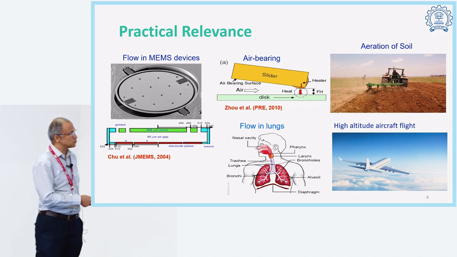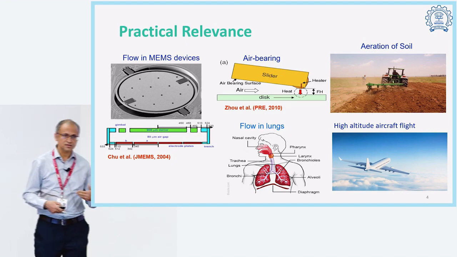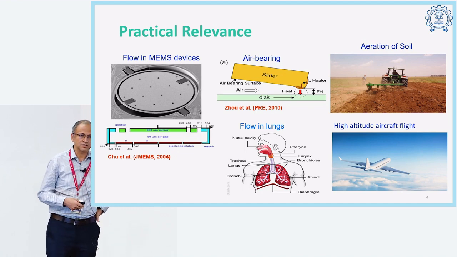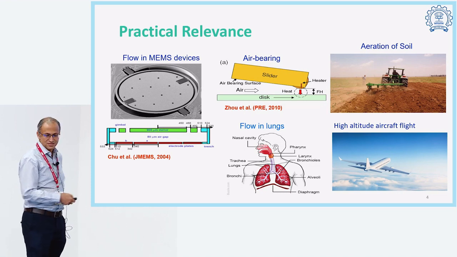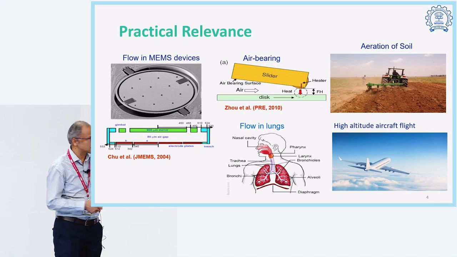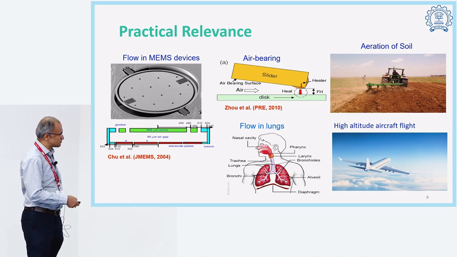And these small pores that you create in the process of tilling serve as conduits through which the air will diffuse in and reach the soil. And of course, if I have to analyze this, we will have to bring in the Knudsen number effect, and everything that we're talking about here will have to be brought in. And of course, flow in lungs.